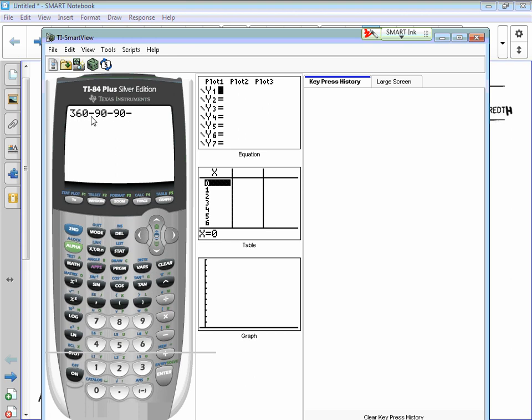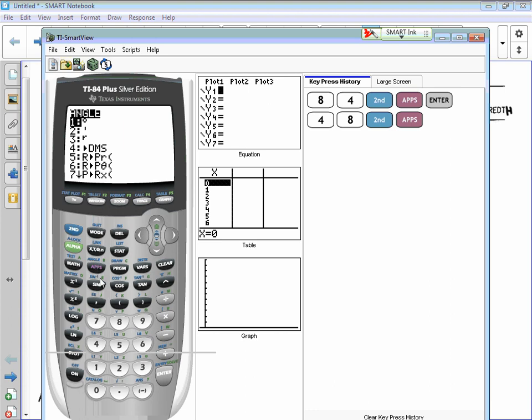So then we just need to subtract off 90 and 90, and then the other known angle, which was 84 degrees, 48 minutes, 36 seconds. I know this is a little bit tedious.